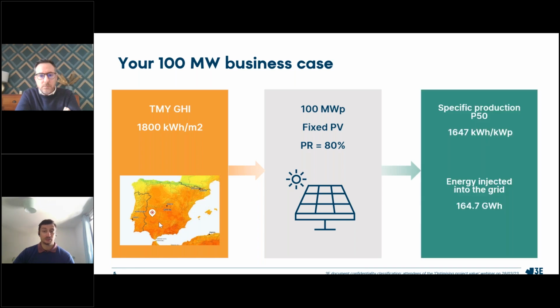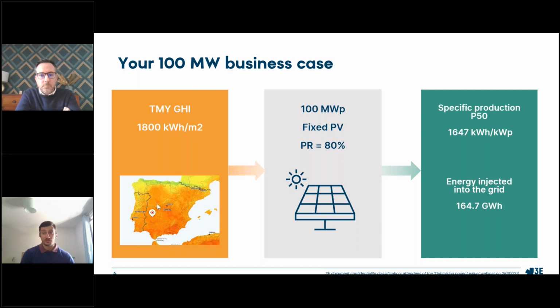Very simply, the specific production P50 goes to 1,647 kilowatt hour per kilowatt peak. And so per year, you would inject into the grid about 165 gigawatt hours. So that's the setup of your business case.